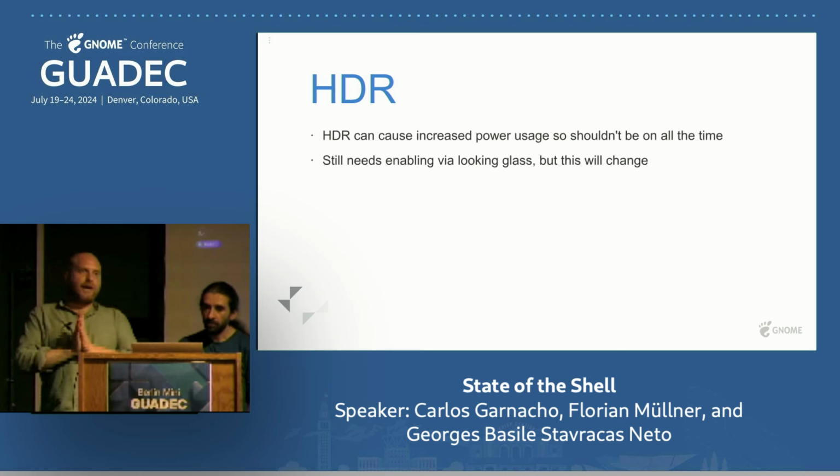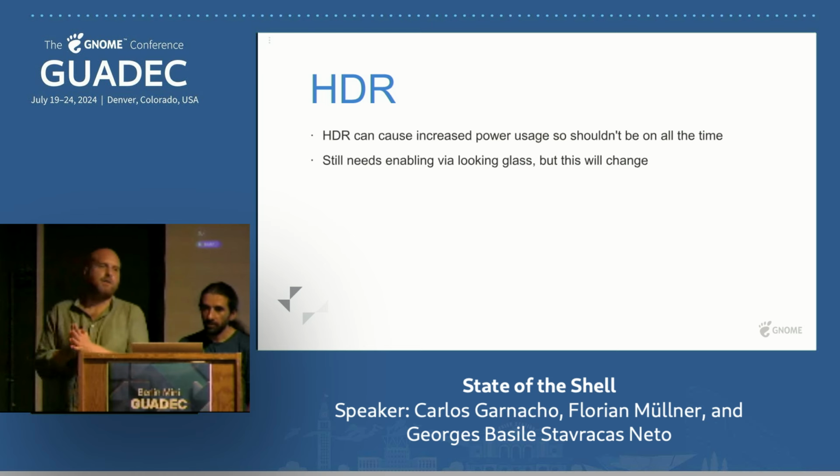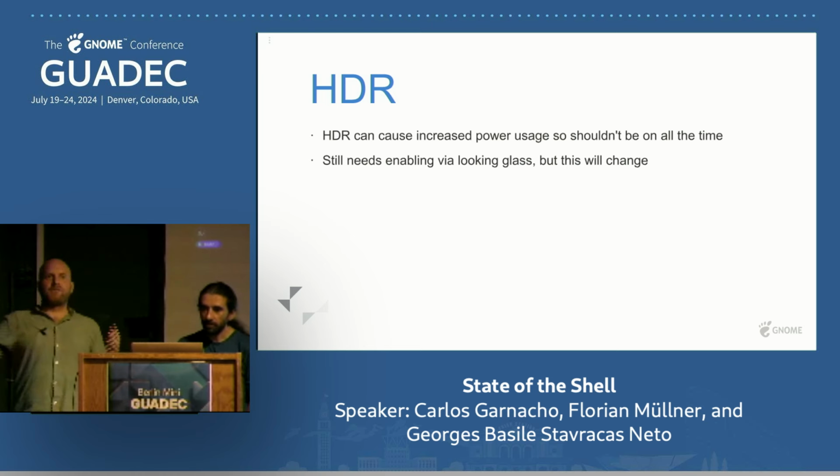A note here is that on a lot of hardware, enabling the HDR mode can cause increased power usage. That is because to get the super white, you need a lot of backlight power if you use a technology which is, for example, not OLED.